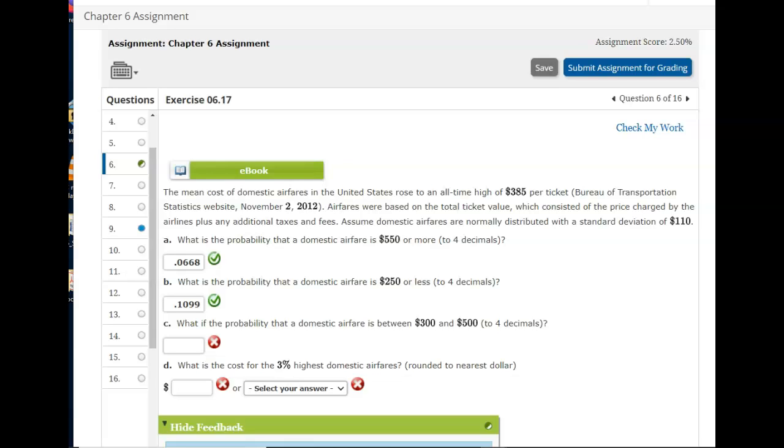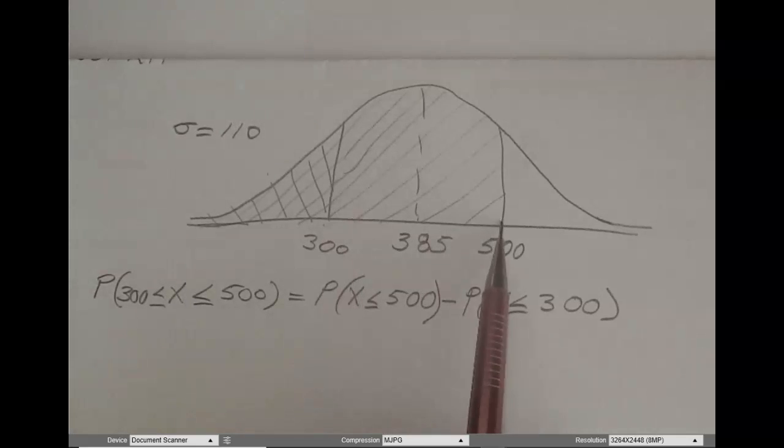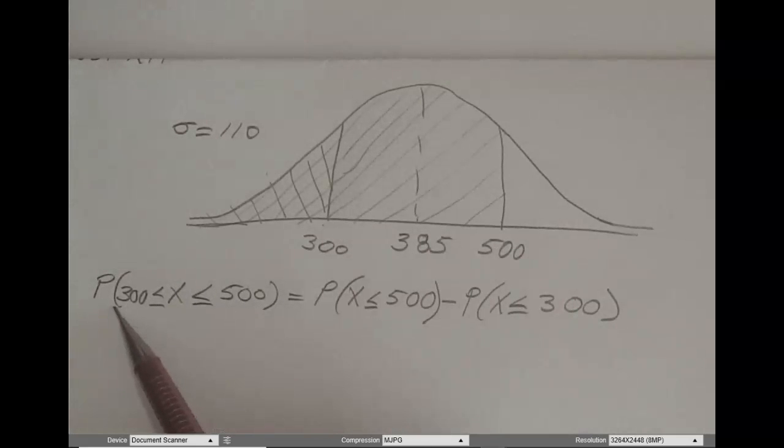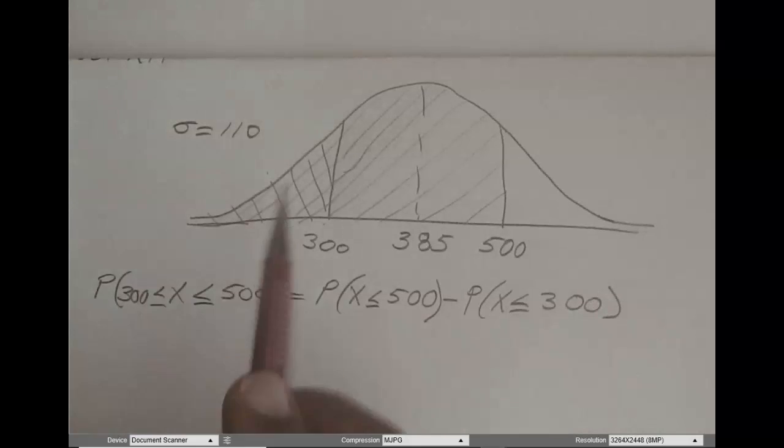Next, we're looking at the interval between 300 and 500, which we would diagram this way. We want this interval between 300 and 500. The probability that x is less than or equal to 500 but greater than or equal to 300 is equal to the probability that x is less than or equal to 500, all of this area here, minus the probability that x is less than or equal to 300.